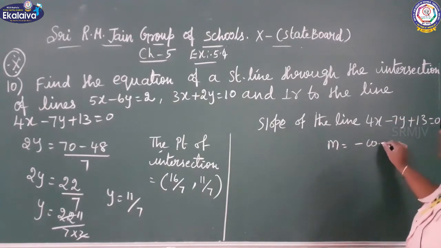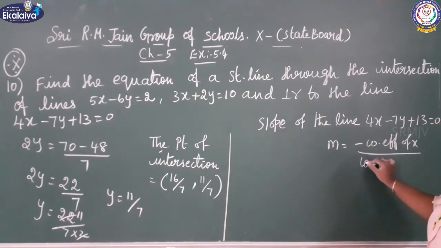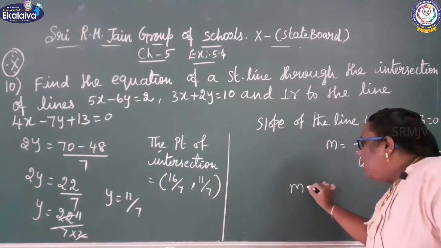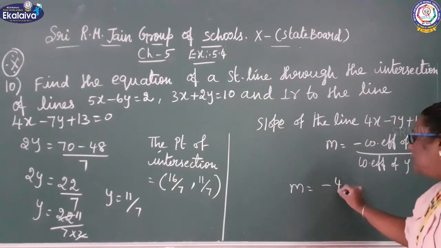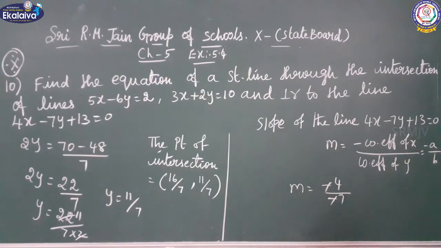Minus coefficient of x by coefficient of y, or minus a by b. So slope m equal to minus coefficient of x, which is 4, by minus 7. So m equal to 4 by 7.